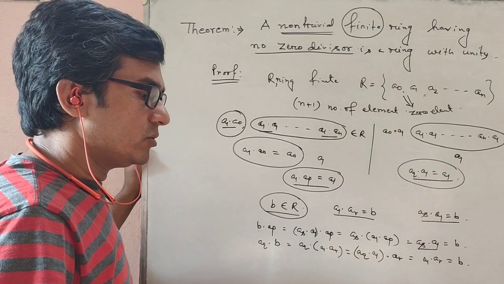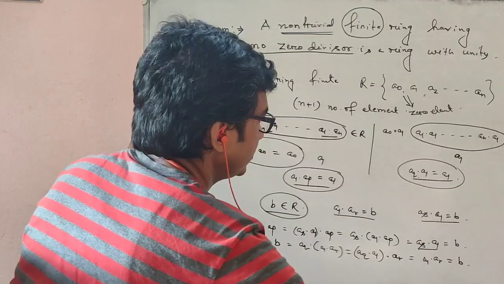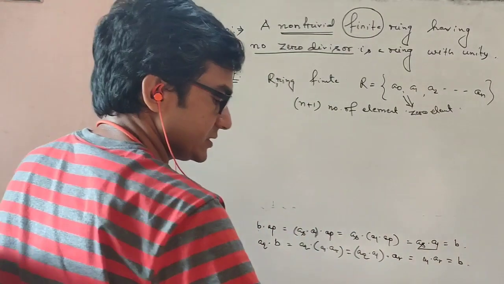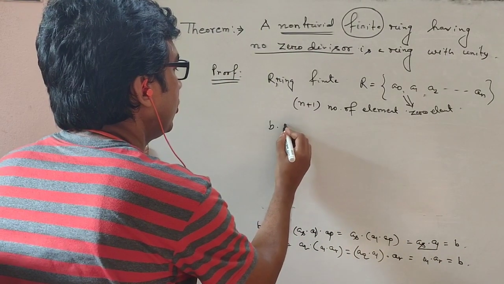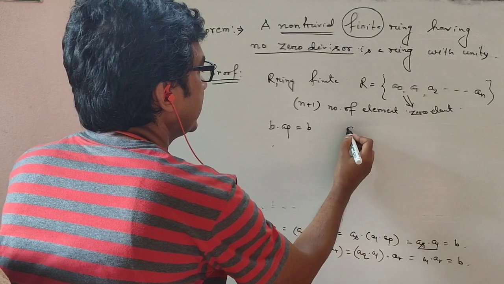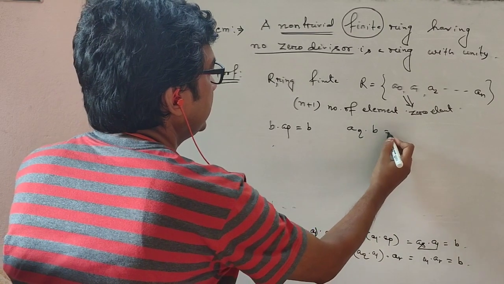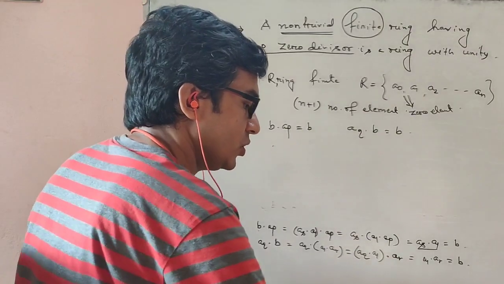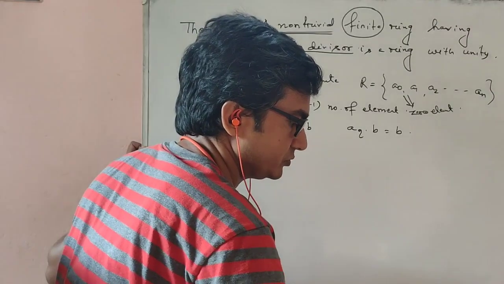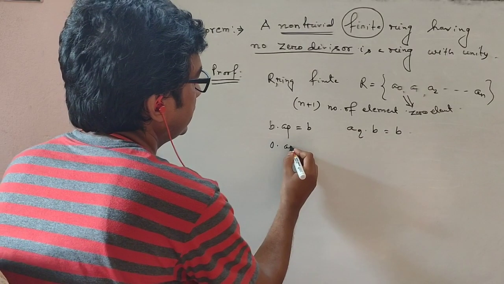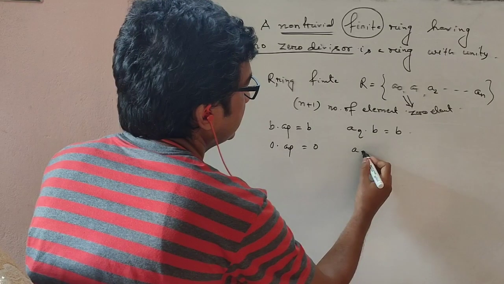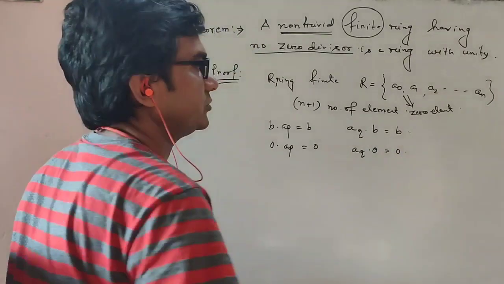Now, for arbitrary element B, we get two relations: B·AP equal to B and AQ·B equal to B. Also, 0·AP equal to 0 from the property of the 0 element, and AQ·0 equal to 0.